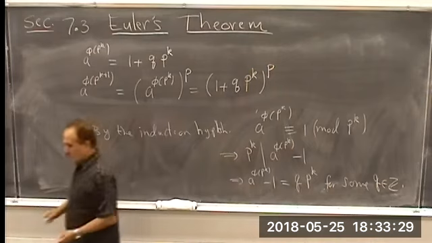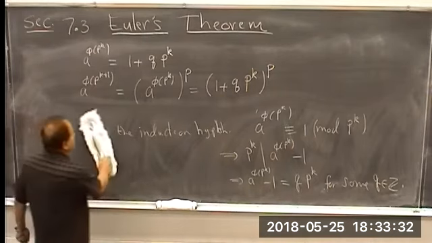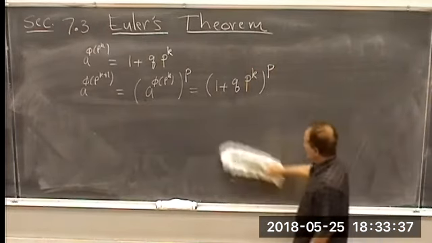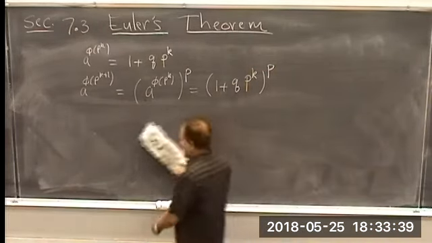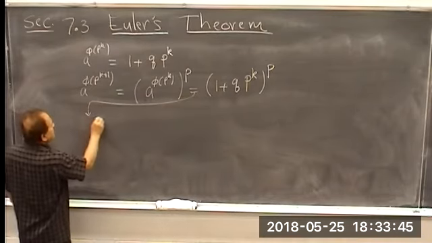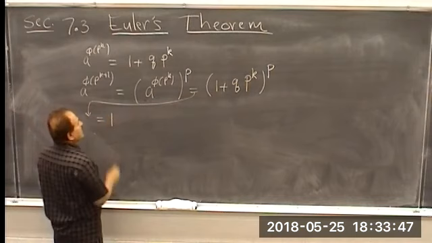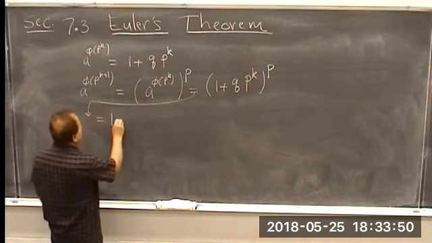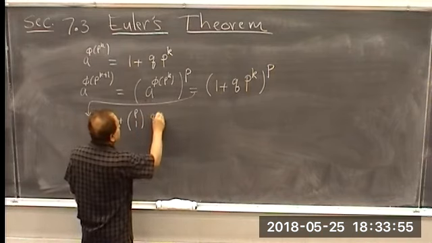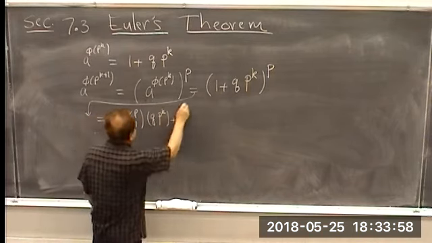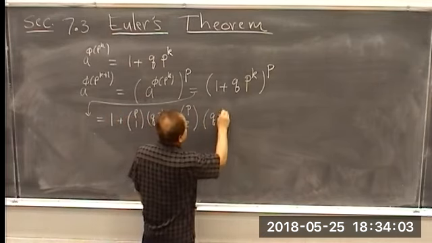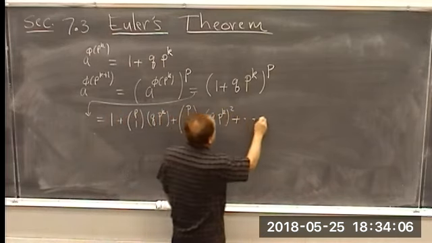Now I can use the binomial theorem. So we're going to use the binomial theorem to expand. So this is equal to P choose 0, then P choose 1 times Q P to the K, plus P choose 2 times Q P to the K squared, and so on.